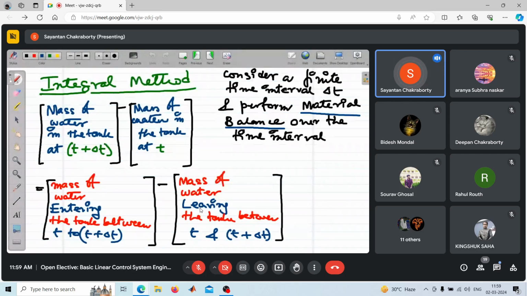So that's why it's very important that you understand both this integral method and the instantaneous method. Obviously, given a very idealized element with no distribution, where everything is lumped parameter or uniform distribution, you can go for instantaneous balance. But the integral method is much more practical, and it is suited for a variety of physical conditions or actual practical scenarios.